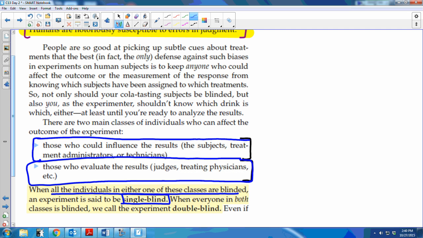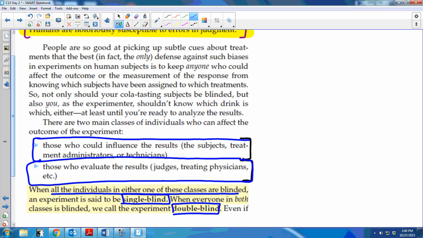And so if everyone knew what was going on during the experiment, but then the person that analyzes what's happened at the end doesn't know what treatment was what, then that could be single blind as well. So single blind is when you just have one of these groups all in the dark. Double blind is when everyone in both of the groups are all unaware of really what's happening.